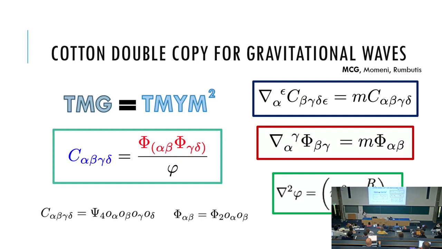And when you assume this, if you assume that on this side you have some solution of your topological gauge theory and a solution for a scalar field that satisfies this equation on a curved spacetime, which corresponds to a conformal coupling in 4D, but it's not a conformal coupling in 3D, then by default, this side will be a solution to the equations of motion of topologically massive gravity. So these here are the equations of motion of topologically massive theories that look very simple when you write them in terms of spinors. They look a bit more complicated in terms of tensors, but again, that's why we do spinors, because it simplifies things a lot.